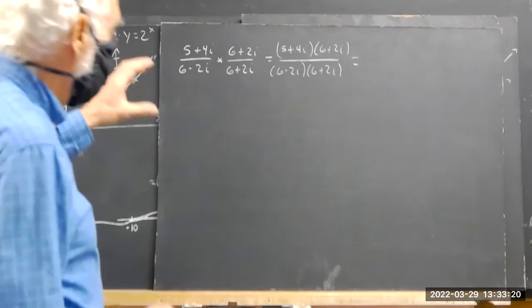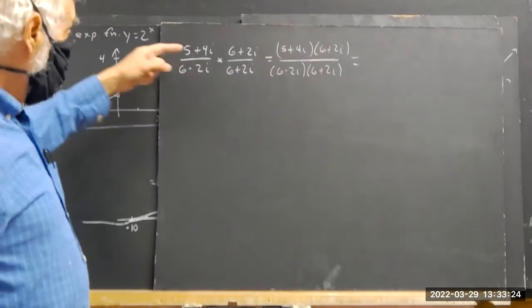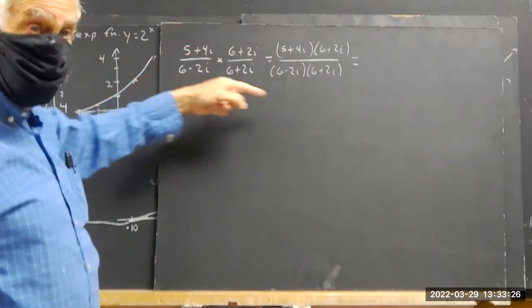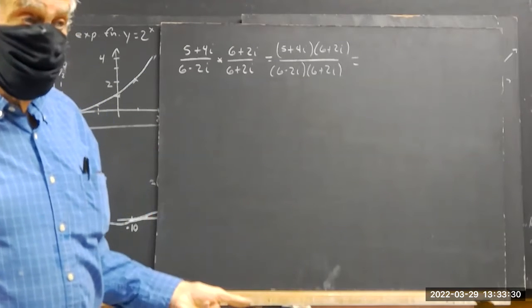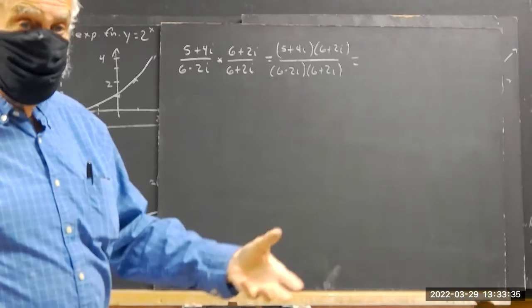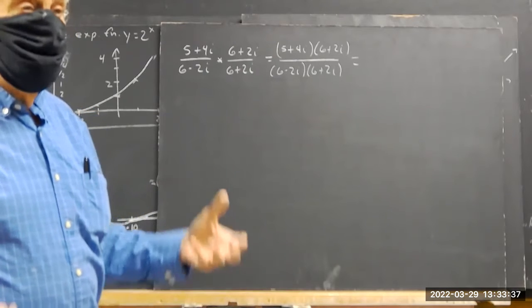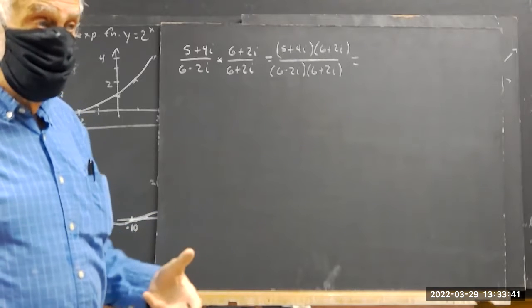First thing you have to understand is why I wrote this down, because when you multiply fractions, you multiply the numerators and you multiply the denominators. It goes back to the numerical fractions that we did at the beginning of the course. If you're not clear on how to deal with fractions, you really need to get clear on it, because rational functions are coming up.